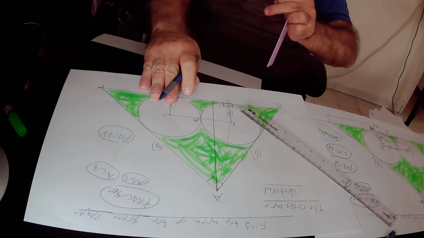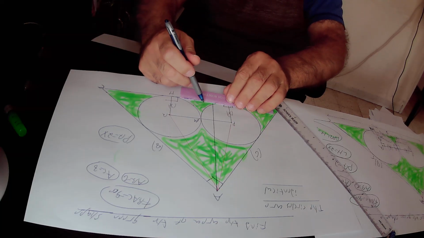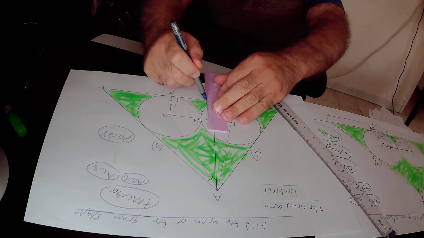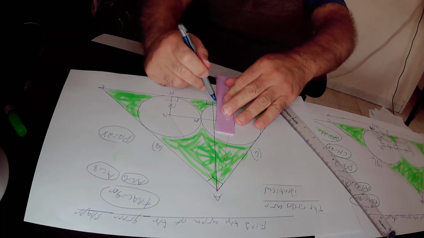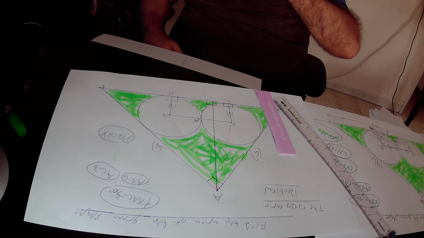So actually, this angle equals 90 degrees, and this angle also equals 90 degrees according to our construction. We draw a perpendicular from point A to BC, so those two angles must be right angles.